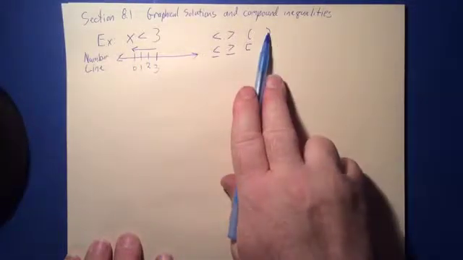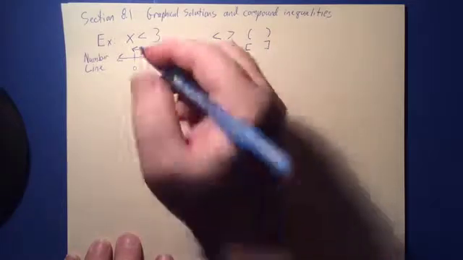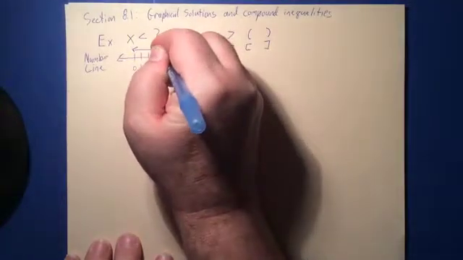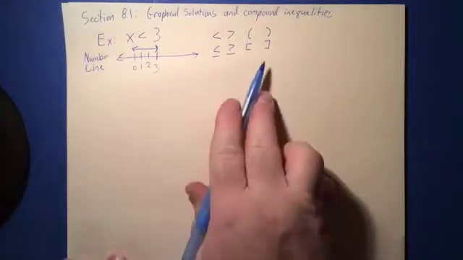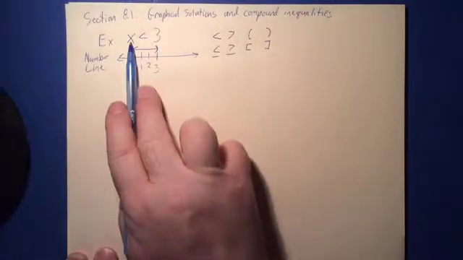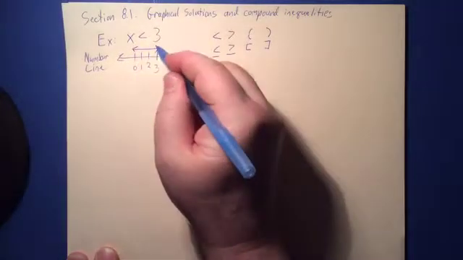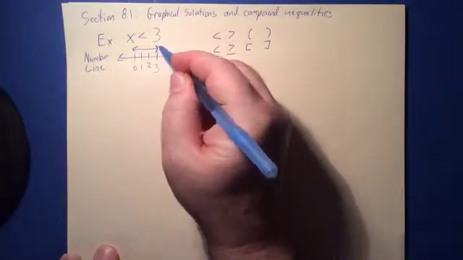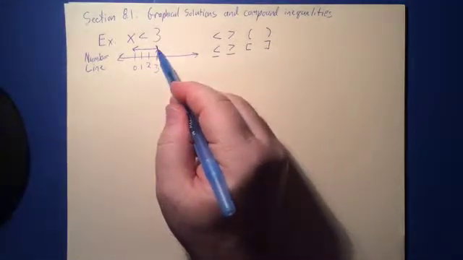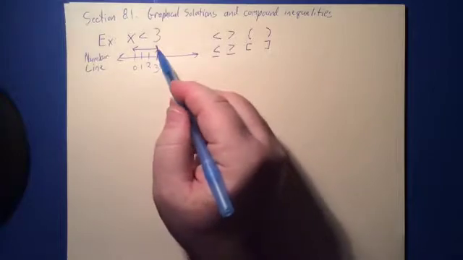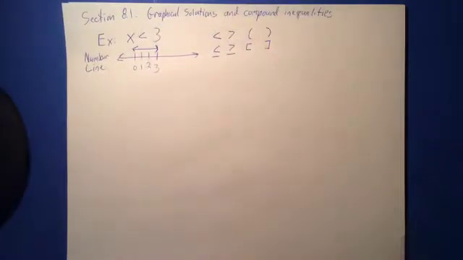And because I'm using an open parenthesis, I'm going to put the value of 3 here. The reason we use this instead of a bracket is because x cannot be equal to 3. It kind of gets really close to 3, but never quite gets to 3. So it goes from 3 all the way down to negative infinity.